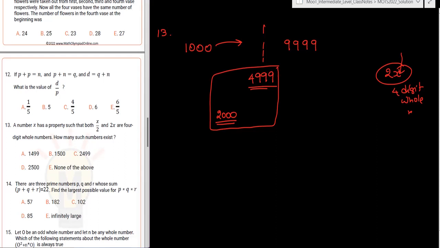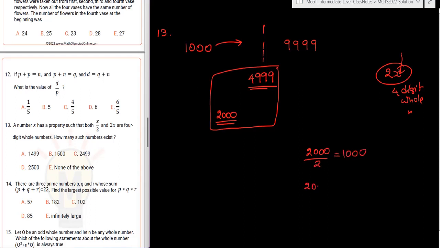Is it true that it is all these numbers from 2000 to 4999? That is a very tricky part to realize. What we are saying is x by 2 is also a 4-digit whole number. Now, if you divide a number by 2, when will it become a whole number? Only if the number x is an even number, right? So if you take 2000 and you divide by 2, you get 1000. That is still a 4-digit whole number.